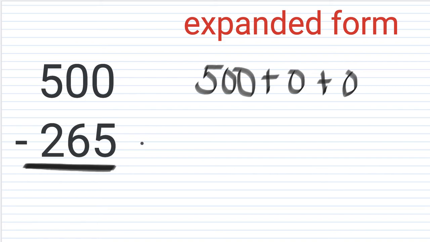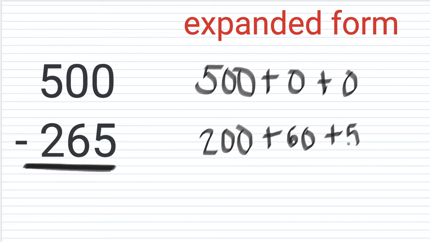So we need to expand the number. So this is 200. Okay, that's good. And this is 60. And the number in the ones place is 5. So therefore, when you add 200 plus 60 plus 5, that gives you 265.